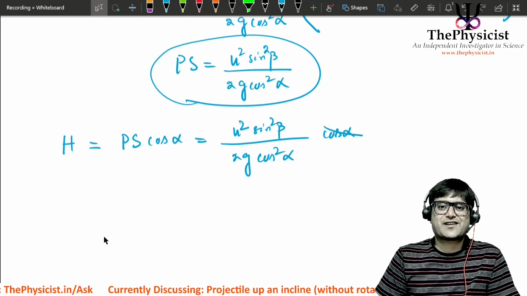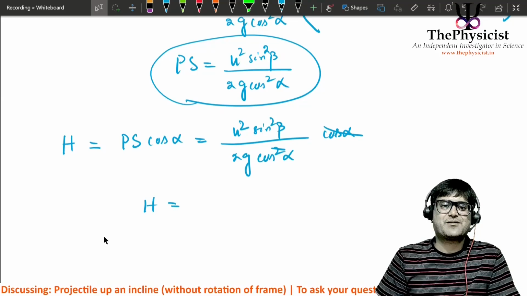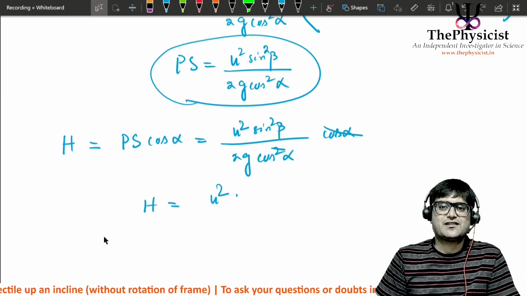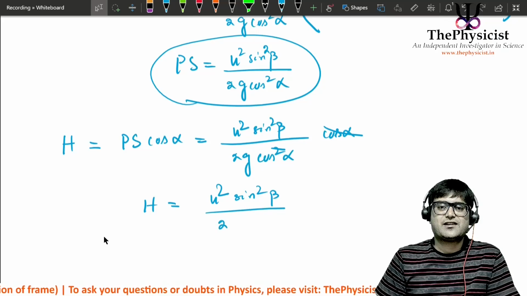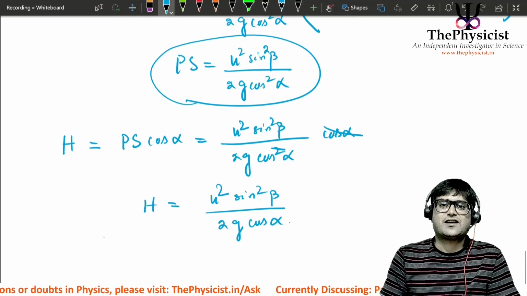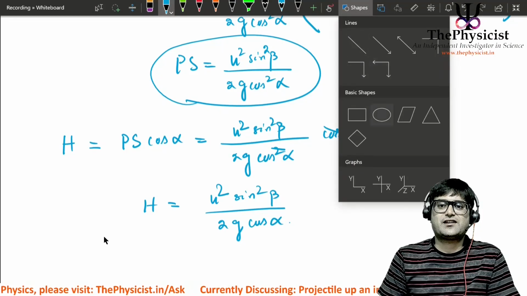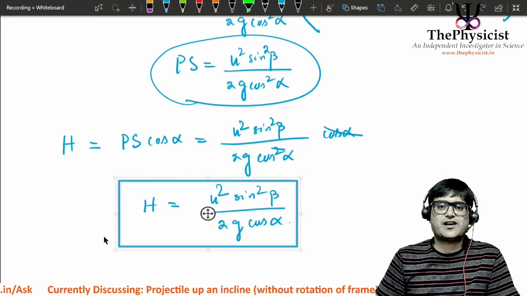So basically this would cancel one thing here. So I will simply have my maximum height as u squared sine squared beta divided by 2g cos alpha. I think that would be the third thing that we set out to find.